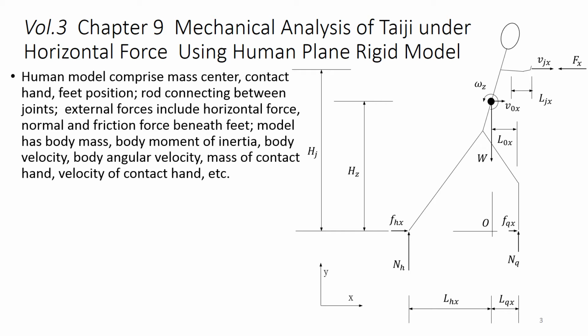External force includes horizontal force, normal and friction force beneath feet. Model has body mass, body moment of inertia, body velocity, body angular velocity, mass of contact hand, velocity of contact hands, etc.